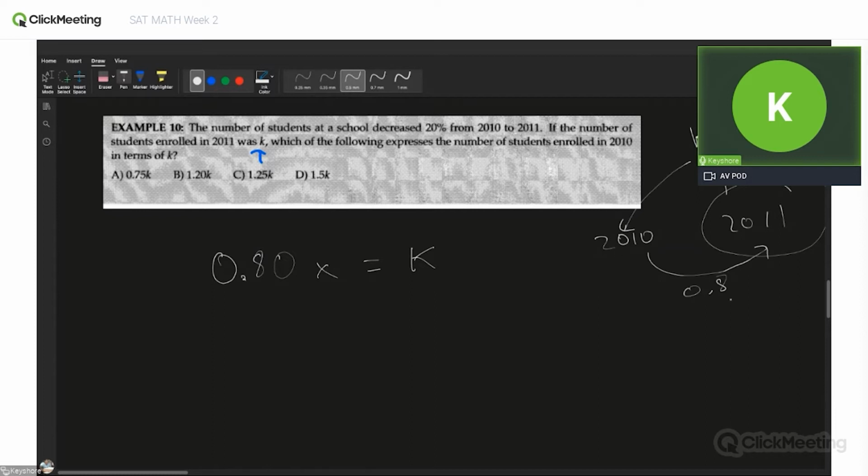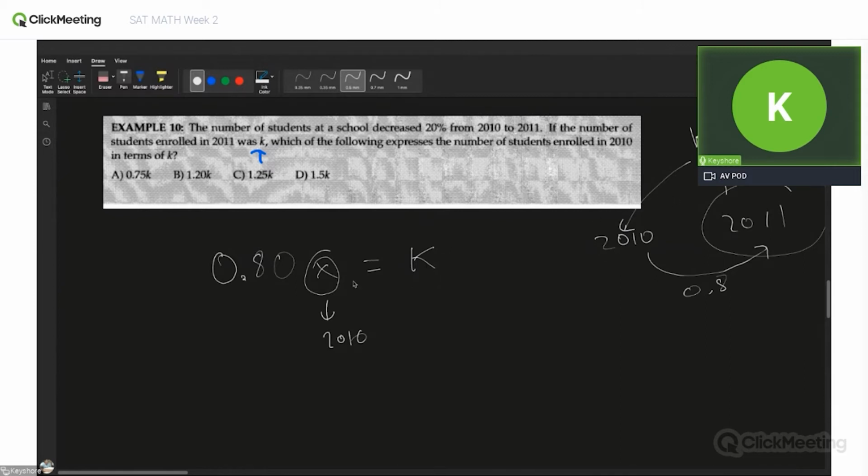Well, I'm going to say 80% of my 2010 number of students, which we'll just call X, it doesn't really matter. So 0.8 times X, where X is the number of students in 2010 multiplied by 80%, gives me whatever number of students I had enrolled in 2011.